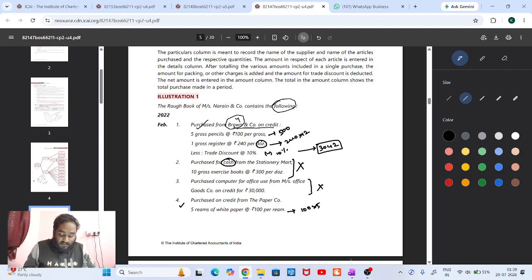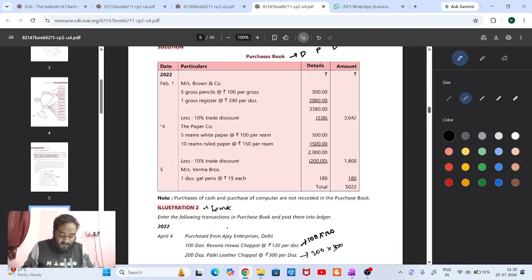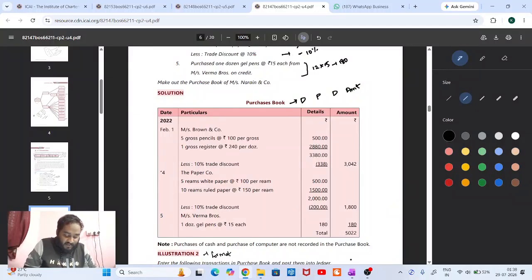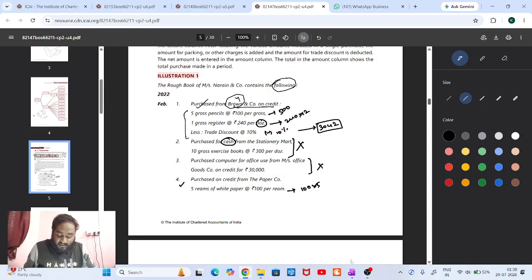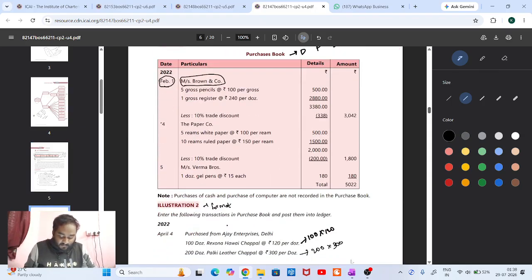So there are two things here. Let me just show you the format. First one, you write date. Write the name of the creditor, and then just write the transaction as it is. Five pencils of 100 rupees each.